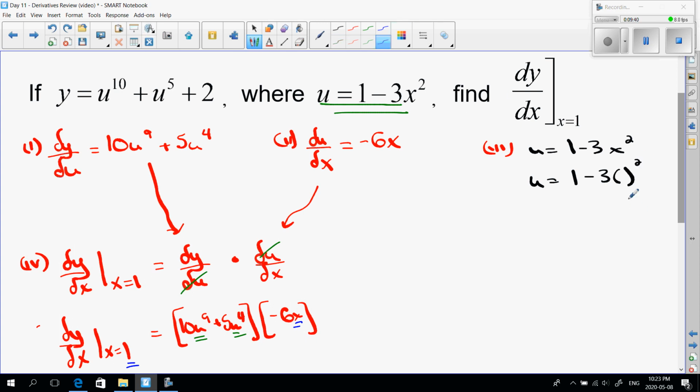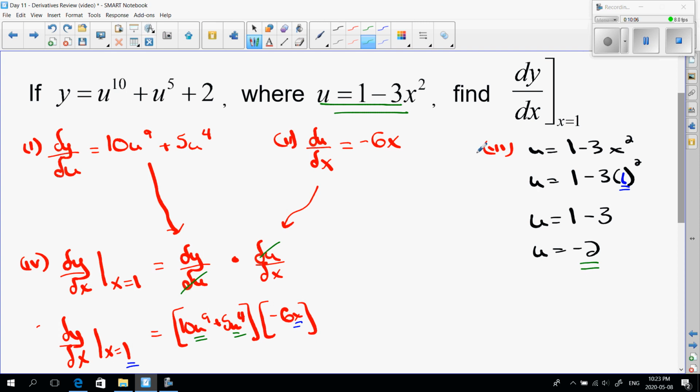That same 1 that I'm going to plug down into step 4 in for x, I'm going to plug it in for x into this step 3, and it will give me my u value, and then I can plug that number in here. So I end up with u equal to 1 minus 1 squared is 1 times 3 is 3. 1 minus 3, u is going to equal -2.